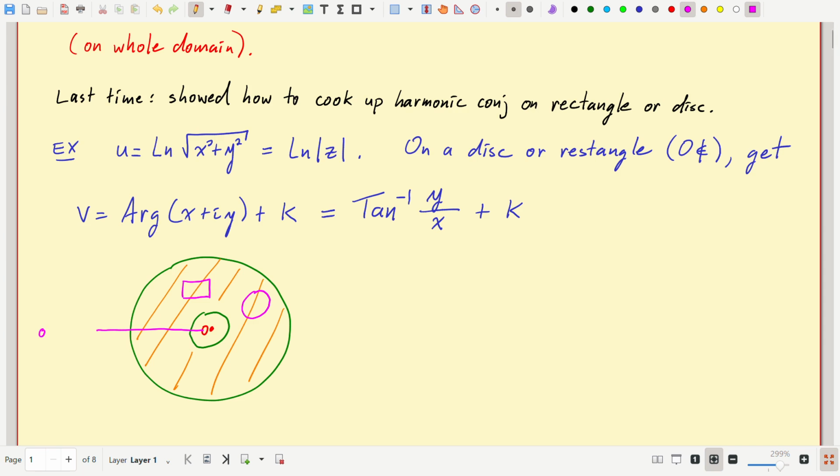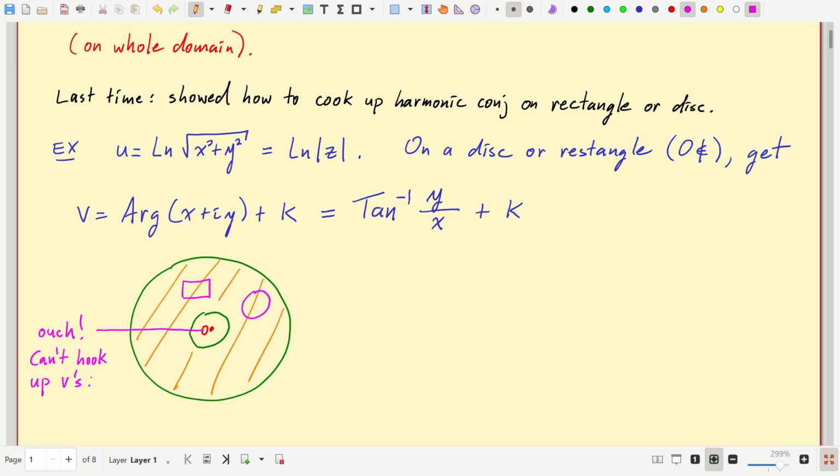So the ouch is right here. I can't hook them up. I can't hook up the v's that I get by that calculation, which are unique up to addition of a constant. So it really is an impossible problem.